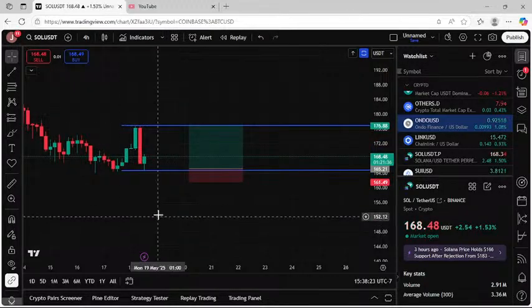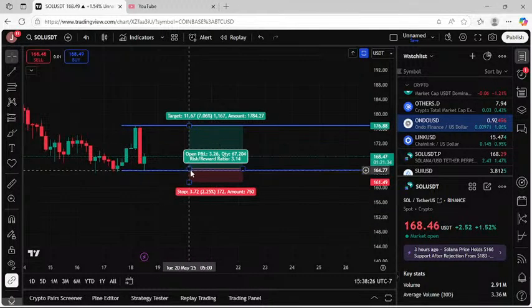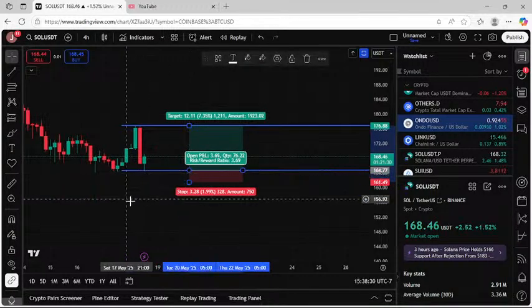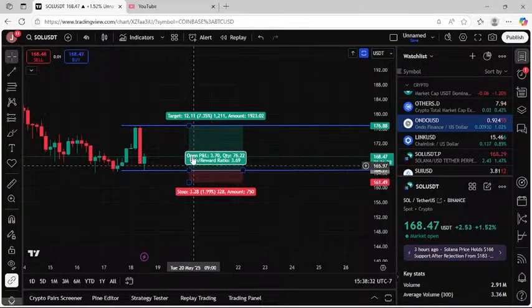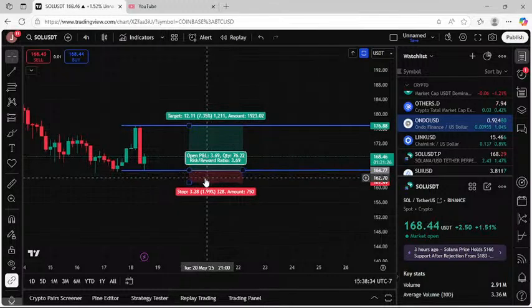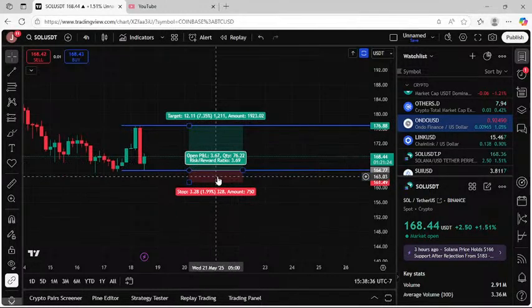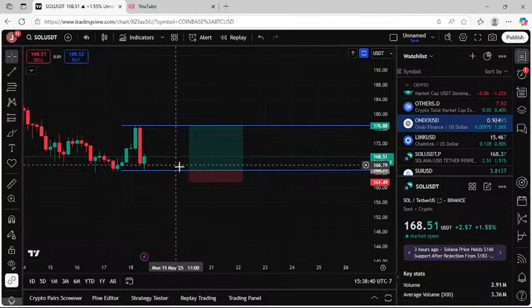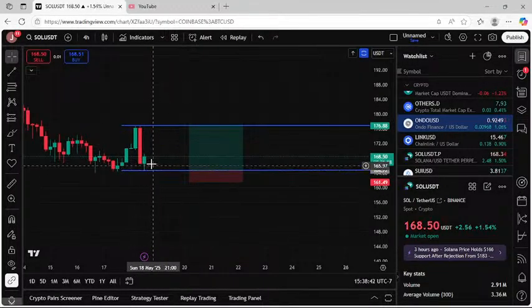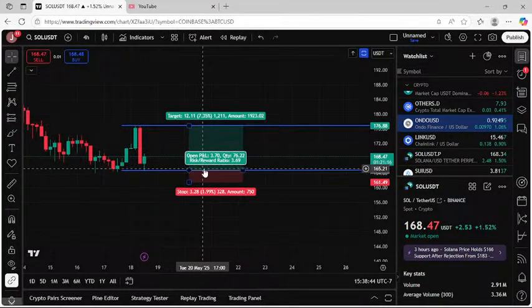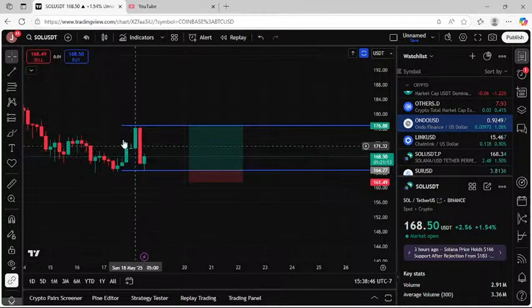That move in that little channel gives you a 3.5 R&R. So you're basically risking one position here and gaining that 3 times over here. That could be about a 50% move in profit, just to kind of work that way.